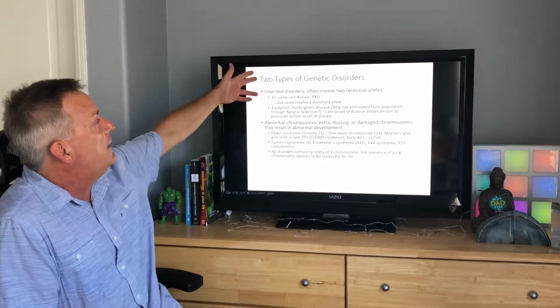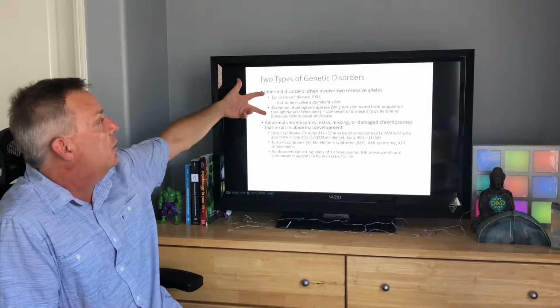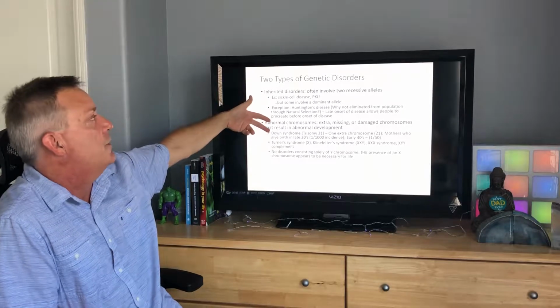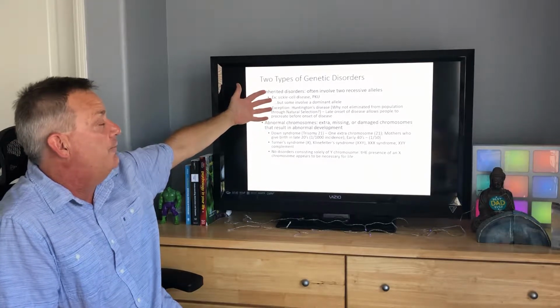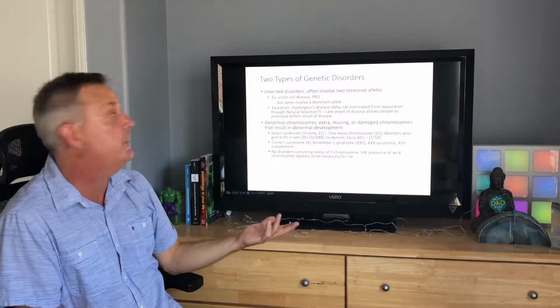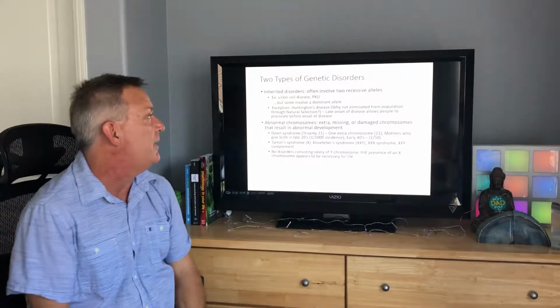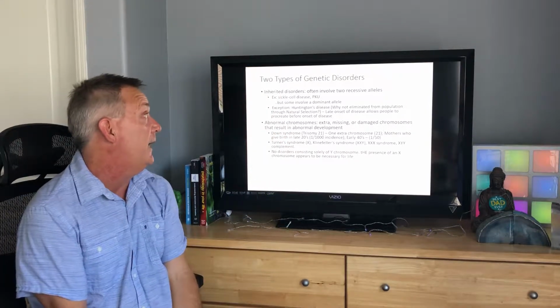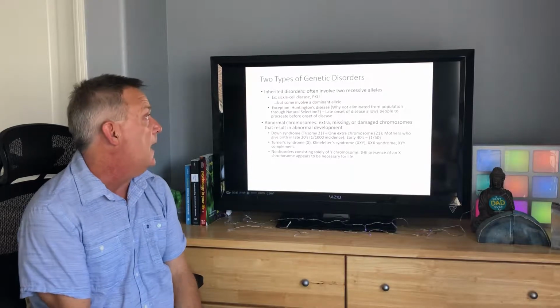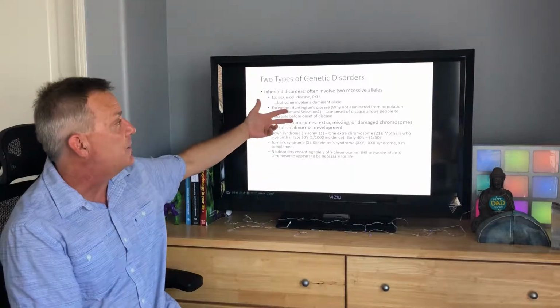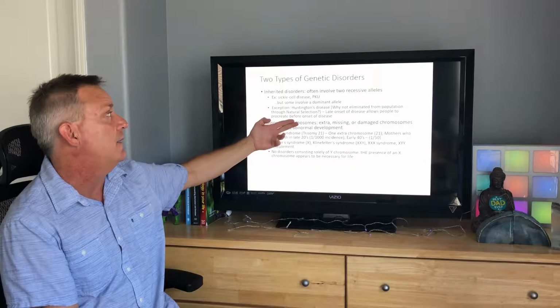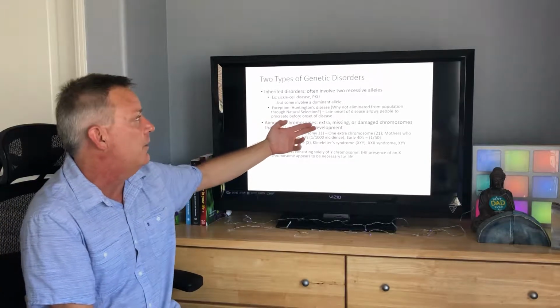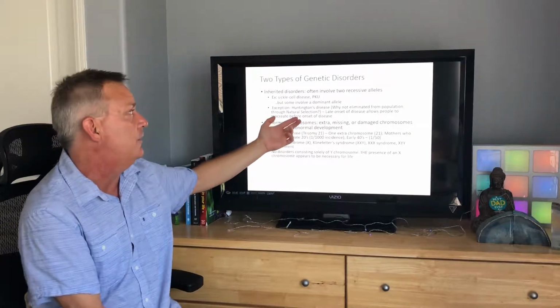Two types of genetic disorders. There's the inherited disorders and abnormal chromosomes. Inherited disorders often involve two recessive alleles. The examples are PKU, phenylketonuria, and sickle-cell disease. And then there's exceptions like Huntington disease, which is a dominant allele.